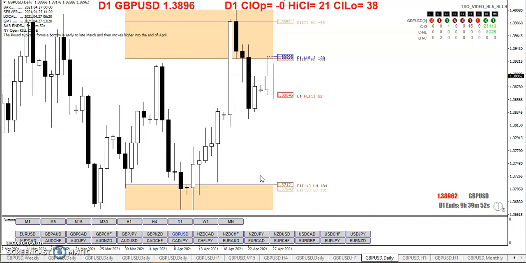But on the chart now, I've got the latest version of TRO HL5, where I put in the highest low and lowest high along with the highest and lowest close. And so I've got this on the chart with the area above the lowest high shaded and the area below the highest low shaded.